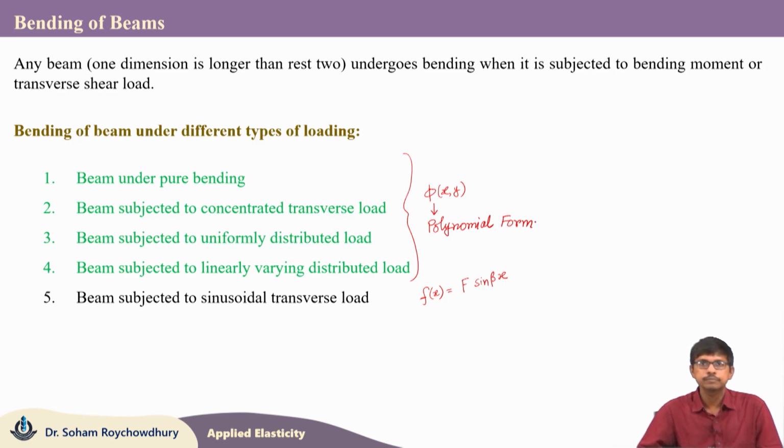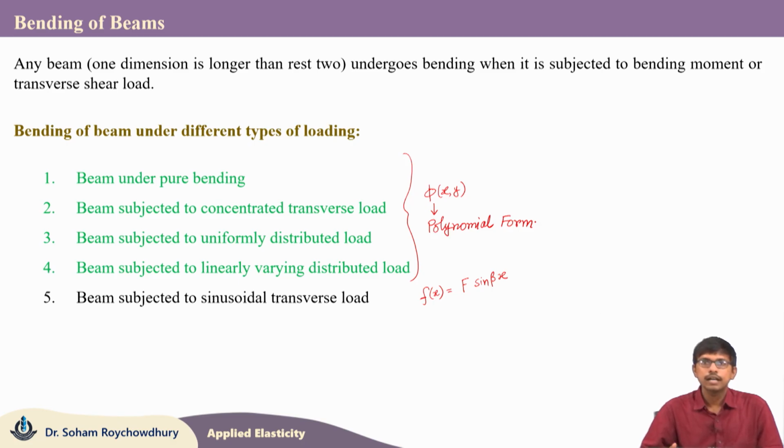Now, coming to the last one, if the loading is not just a point load or uniformly distributed load or a linear function, if this is a trigonometric function, here it is sin beta x, it may be cos beta x, sinh beta x or cosh beta x.